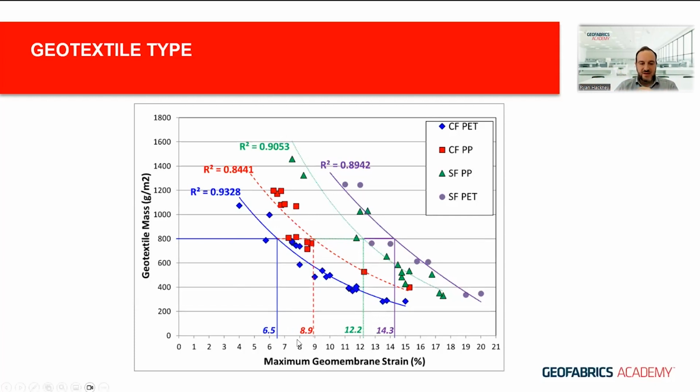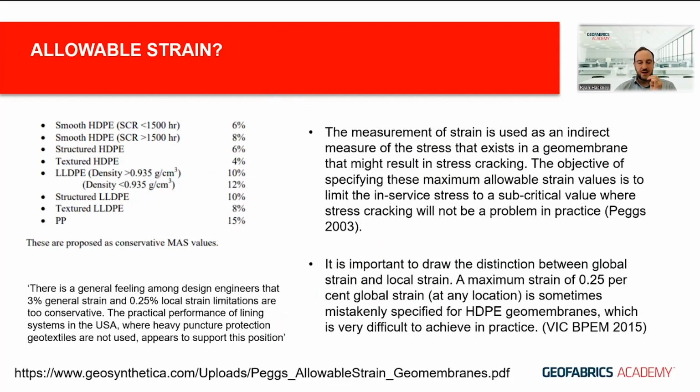You could look at it from a different aspect. If you needed to achieve less than 6% strain with this particular profile and load, you could maybe achieve that with an 850-gram continuous filament polyester bidim, but you're going to need probably 2,000 grams of staple fiber polypropylene in this case to achieve that same level of strain. So just highlighting here that all geotextiles are certainly not the same when it comes to a mass specification.